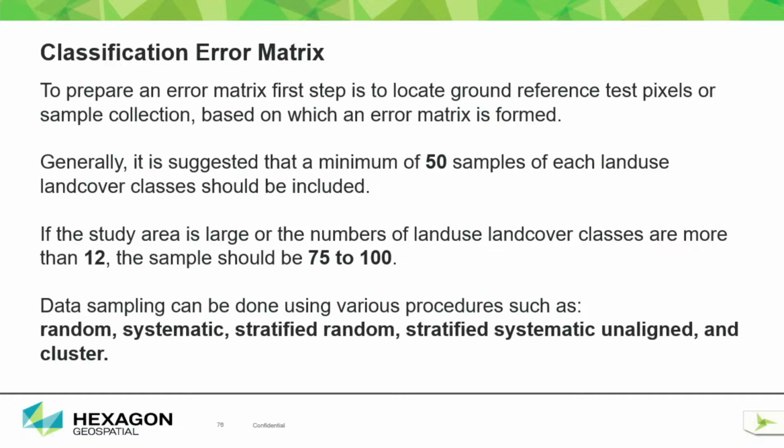So basically there is no unique rule for the data collection. If you want, you can collect from here also, or from this side also. There is no stratified rule.